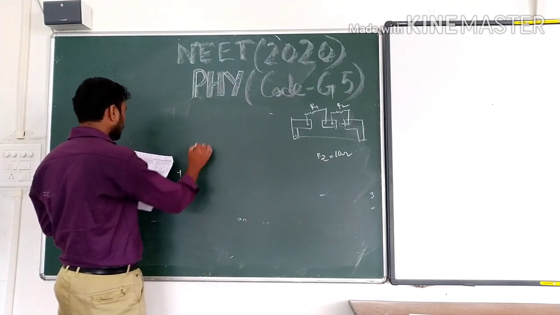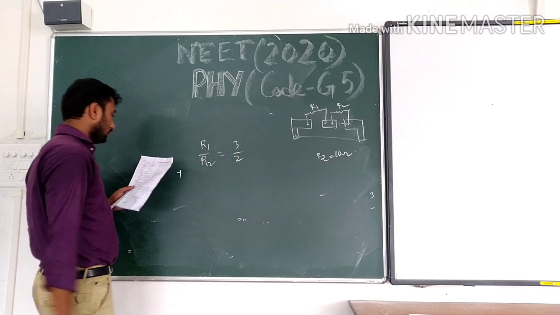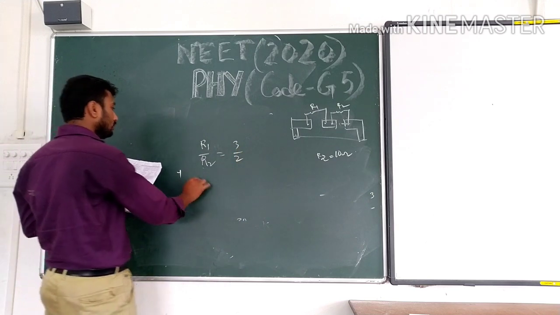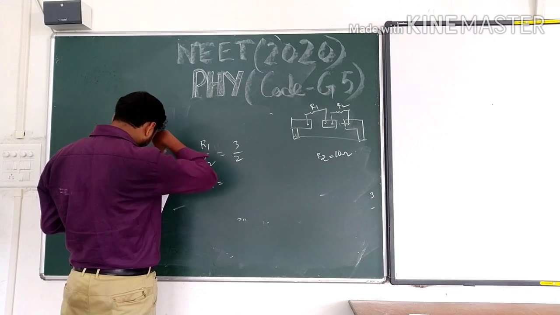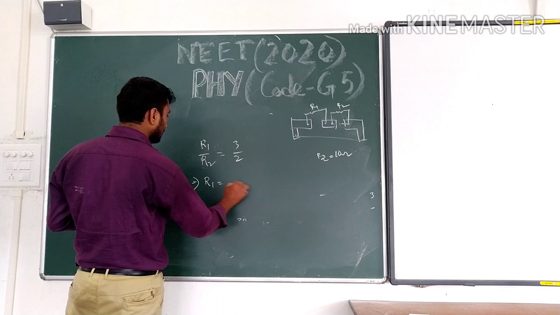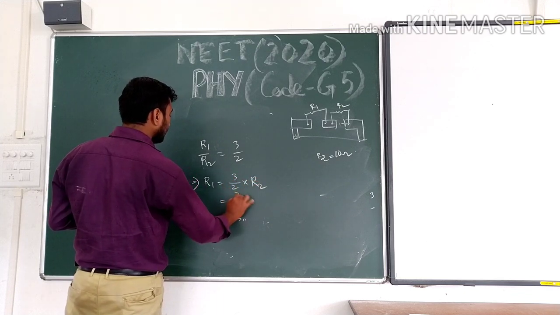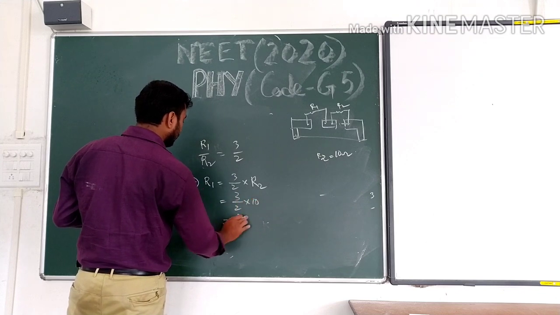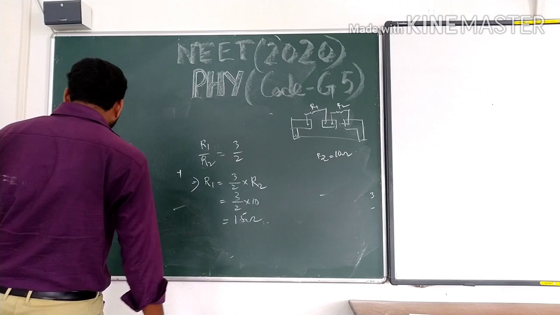So R1 by R2, what is the ratio? 3 by 2. R2 is already given, so R1 will be 3 by 2 into R2, which is 3 by 2 into 10. It will be 15 ohm.